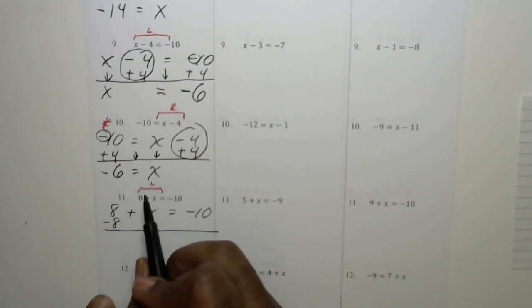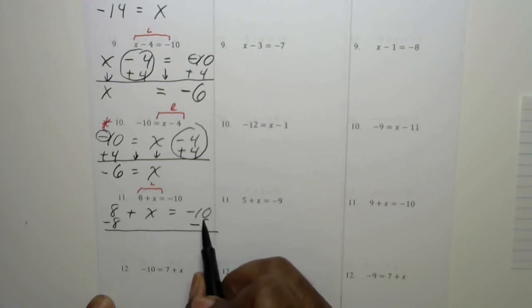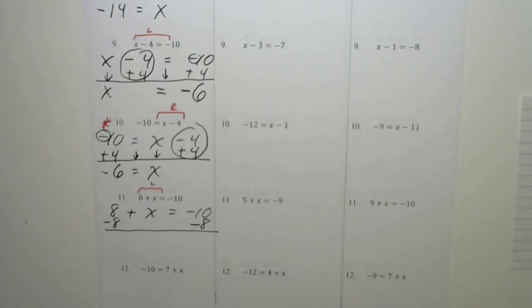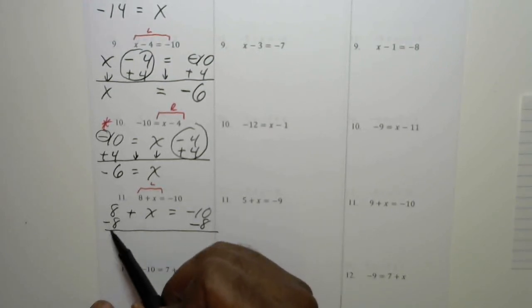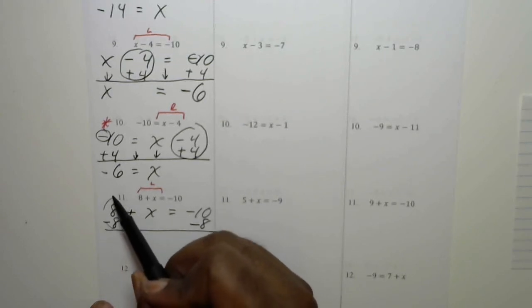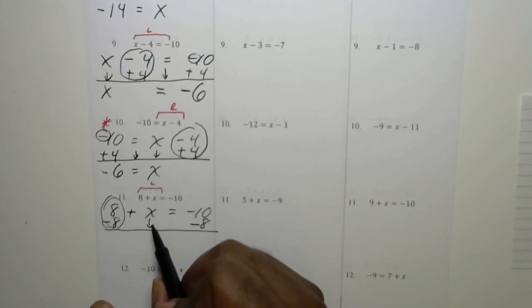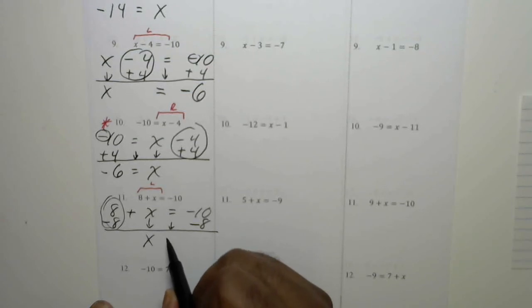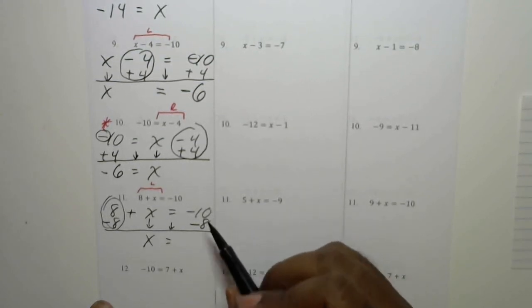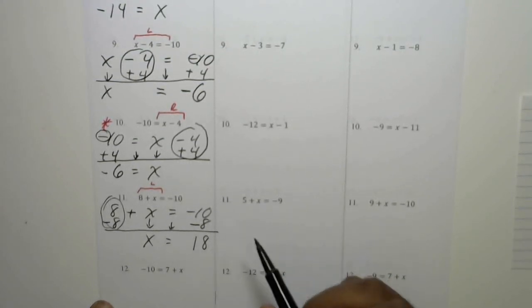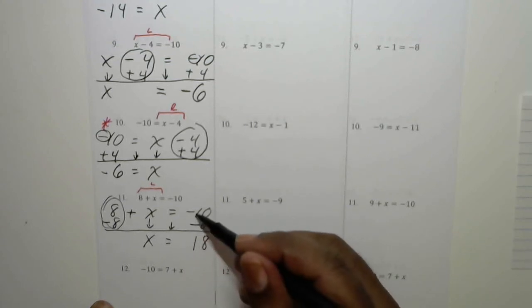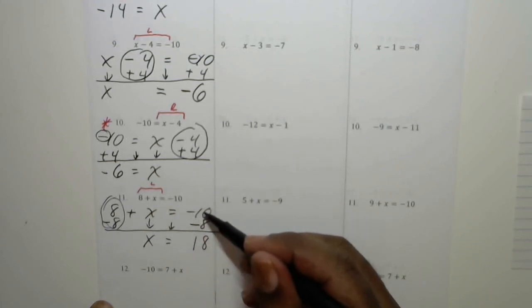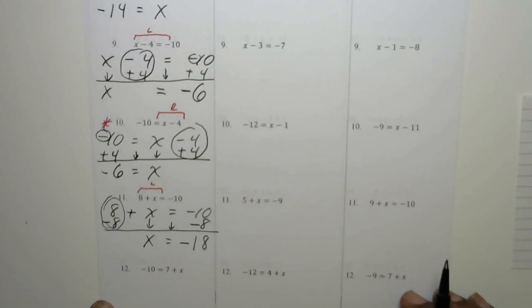And when you do it on the left side, you'll also put the same thing on the right side. Starting with this, these two become 0. The x comes down. The equals comes down. And these two are same signs. Same signs will add, and you'll get 18. The bigger sign always wins, so you have a negative on the 10, so your answer is -18.